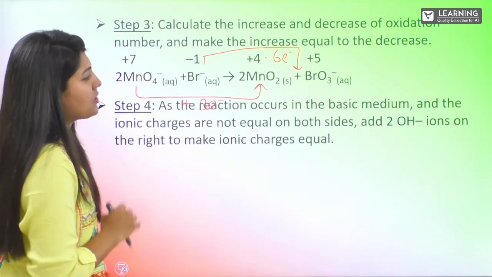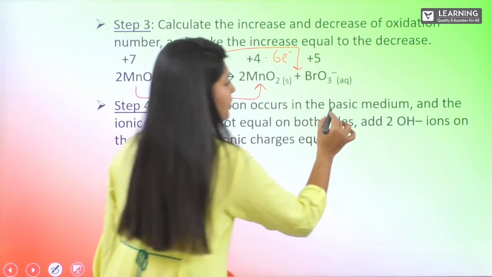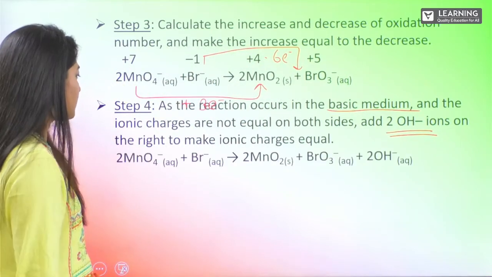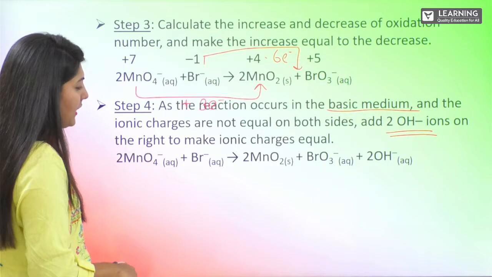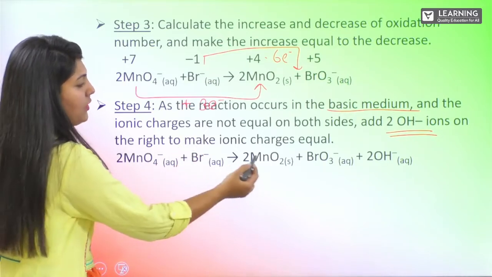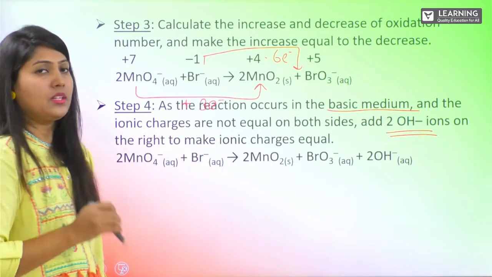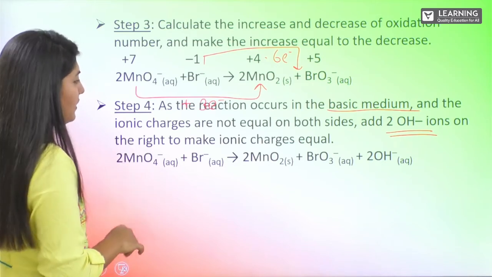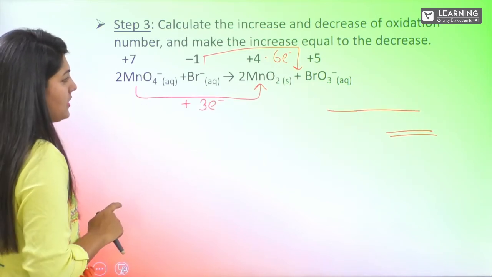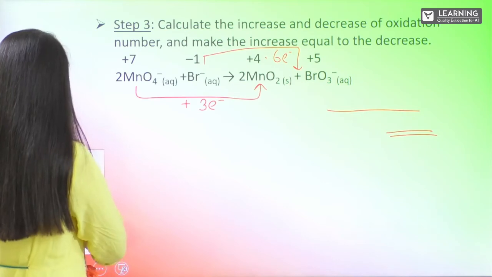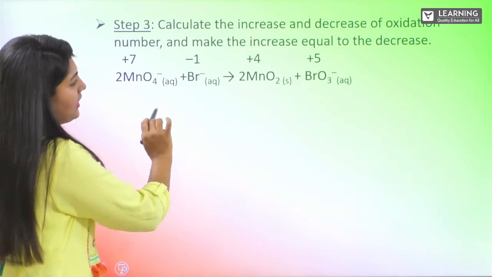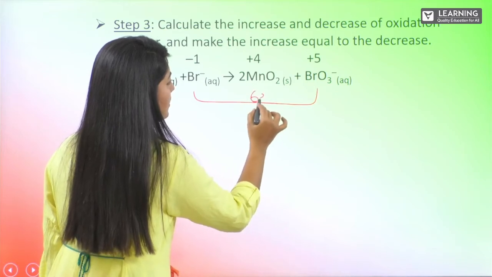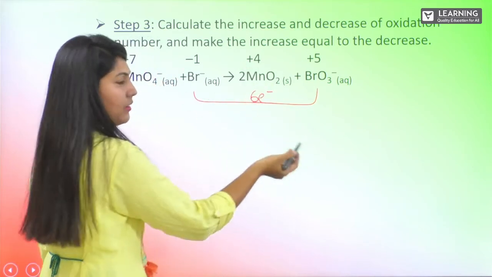As the reaction occurs in the basic medium, we need to add OH minus ions. So MnO4 minus, Br minus, MnO2, BrO3 minus. Now we need to know the oxygen atoms. Here it is 4 2s are 8. Before that we need to know this, students. As we see here, 6 electrons have been removed, right?